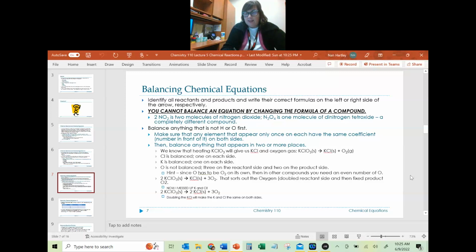I'm going to write a delta, and don't worry about it. All this delta means is that I heated it. You don't have to do that, but my head will explode if I don't. So that gives me KCl solid plus O2 gas.